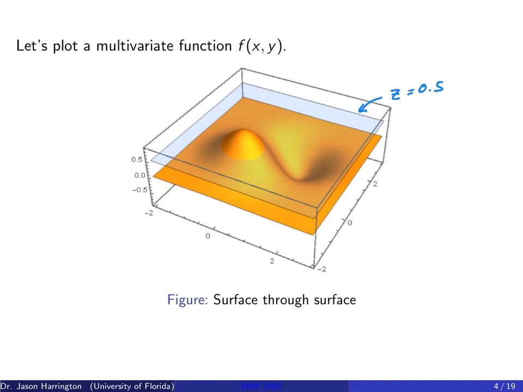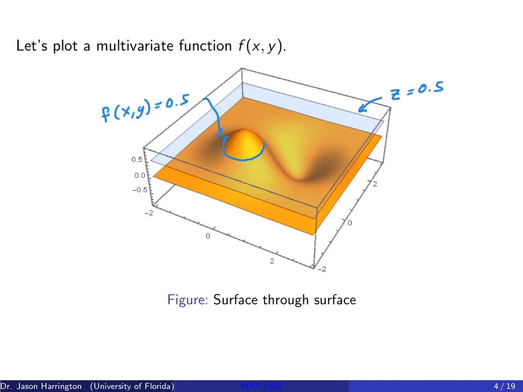And we can see that when this function passes through this plane, you have a little part there. Everything on this curve touches that, meaning that the function is going to be equal to 0.5. So this blue part, f of x comma y, is equal to 0.5 here, right?